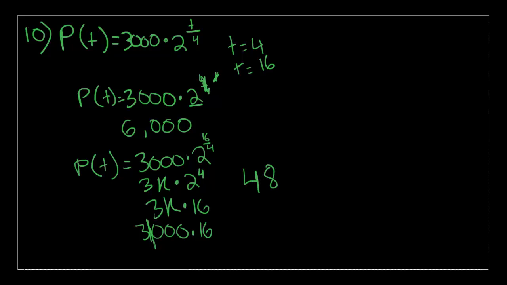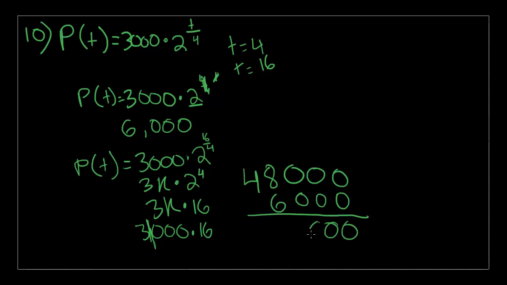If you've done your multiplication tables lately, it's 48. So now you just add 3 more zeros to the end of it. So it's 48,000. Now we need to subtract 6,000 from 48,000 to get the difference. So that's 0, 0, 0, 2, 4. So the total increase is 42,000, and that's choice D.